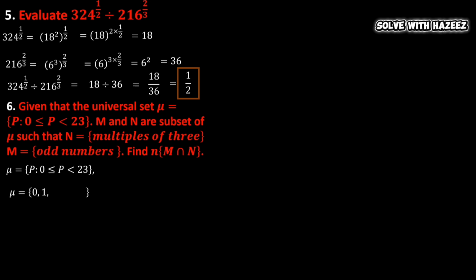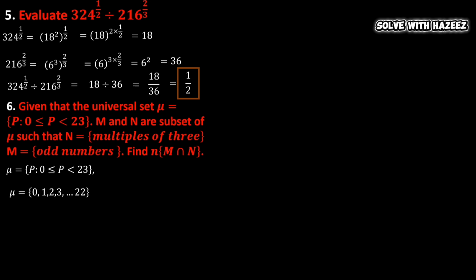And what are the numbers? The numbers are 0, 1, 2, 3, 4, 5, 6, dot, dot, dot, meaning it continues like that up till 22. 23 is not included because the given interval says p is less than 23. That is, the numbers are less than 23. So those are the elements in the universal set.